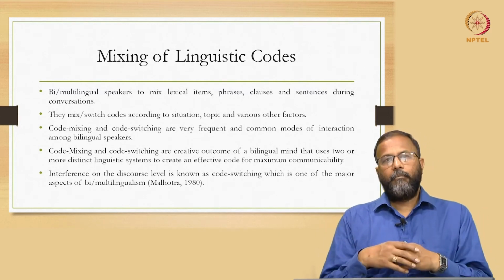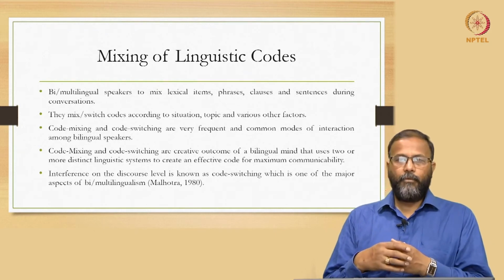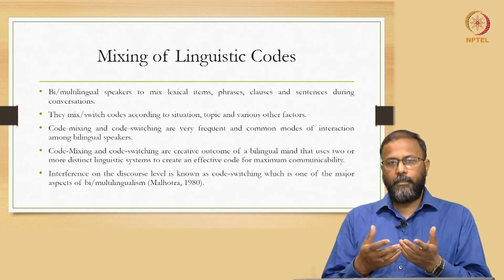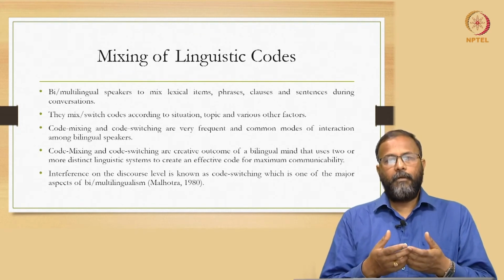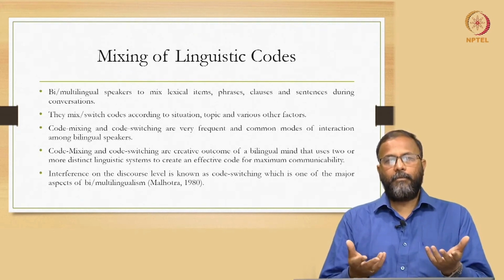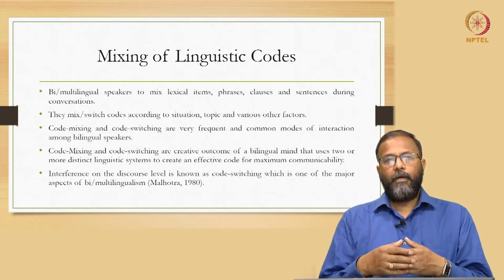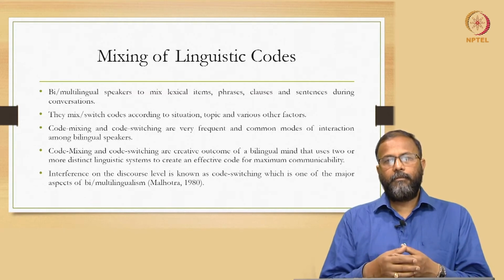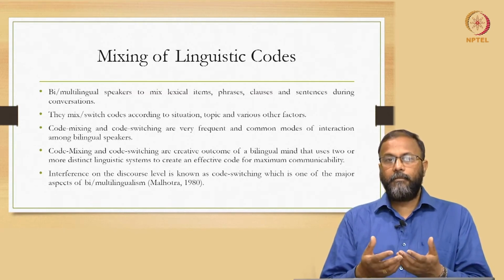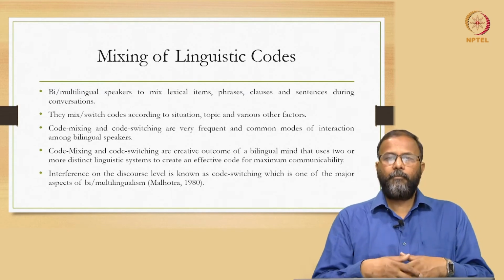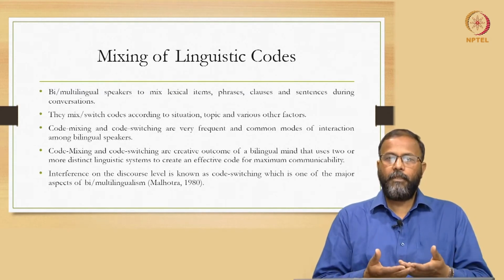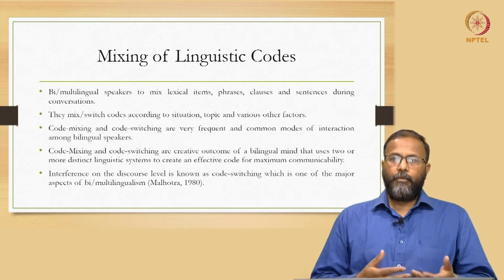Example, "Morning में highway पे accident हो गया." Let's take this Hindi example. "आज highway पे accident हो गया." Now, highway is an English word and accident is an English word. It's a very spontaneous, normal sentence for a Hindi speaker who knows both English and Hindi.